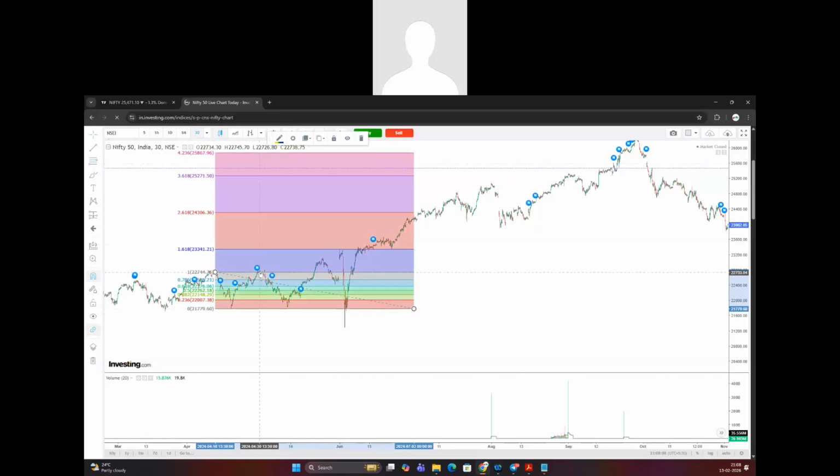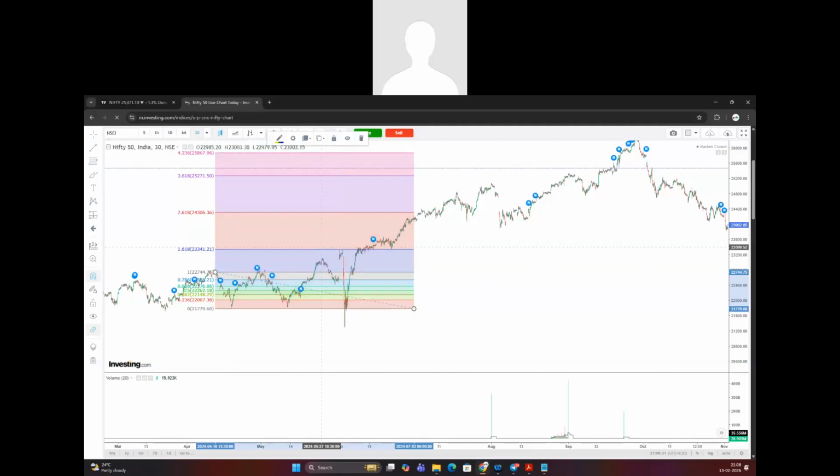It wasn't able to cross 1, so it took reversal, came down. Here it crossed 1, came back, took support at 0.786, touched 0.618, took retracement, again went up, touched 1.618. So that's the precision. Today or tomorrow, it will definitely hit the target of 1.618.